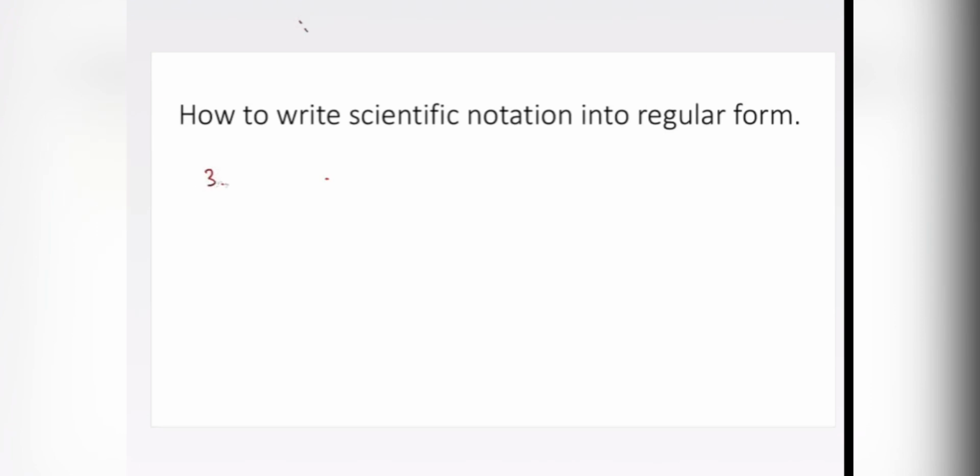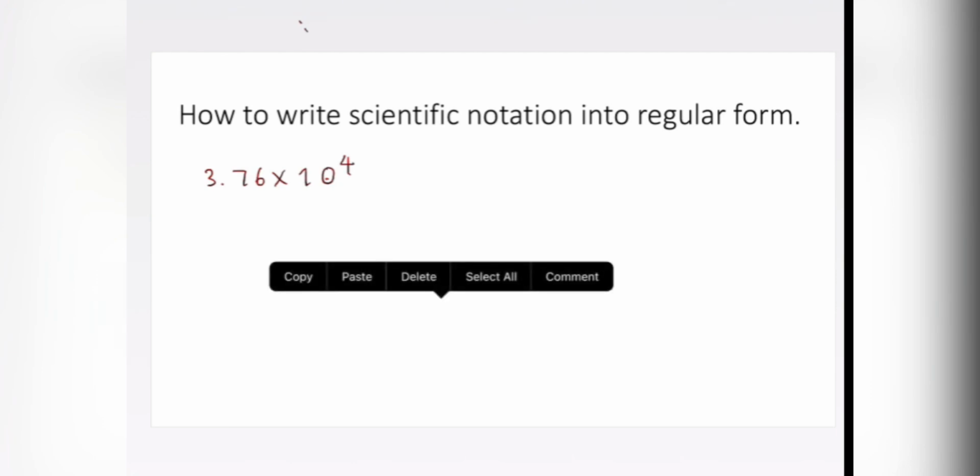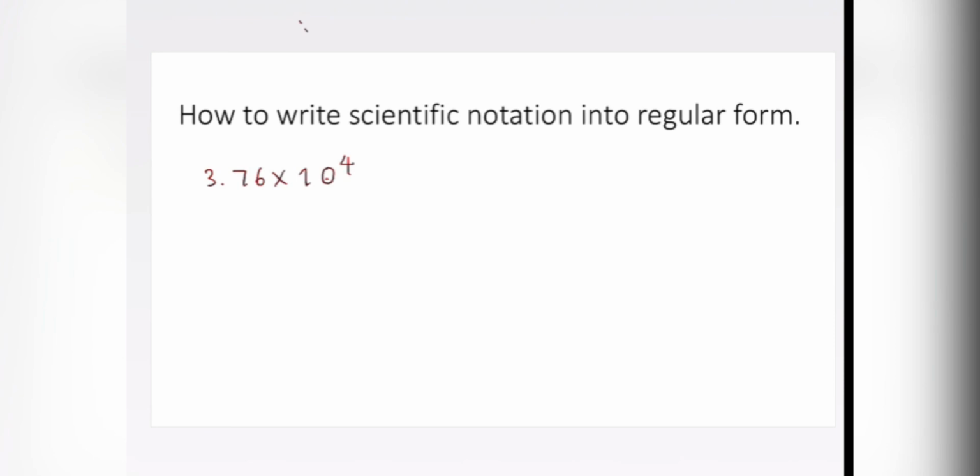Let's say 3.76 times 10 to the power, let me give 4. So when you have a positive form, it means it is going to be a greater number, right? So this is very simple. Again, you don't have to do anything. You just write the number.